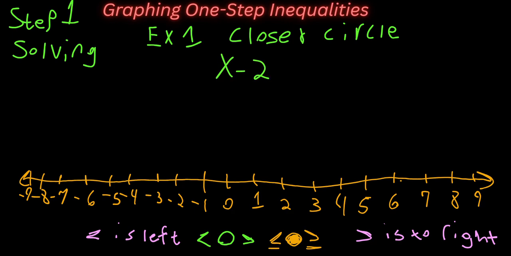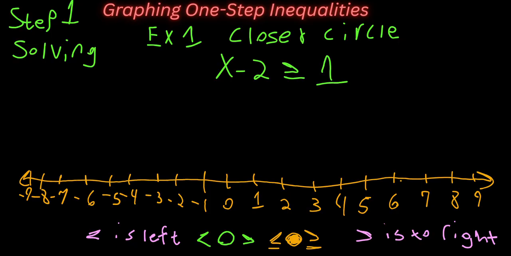So we get x minus 2 is greater than or equal to 1. Okay, so when we see this, step 1 is solve. Sorry, I wrote that wrong. We have x minus 2 is greater than or equal to 1. My apologies.